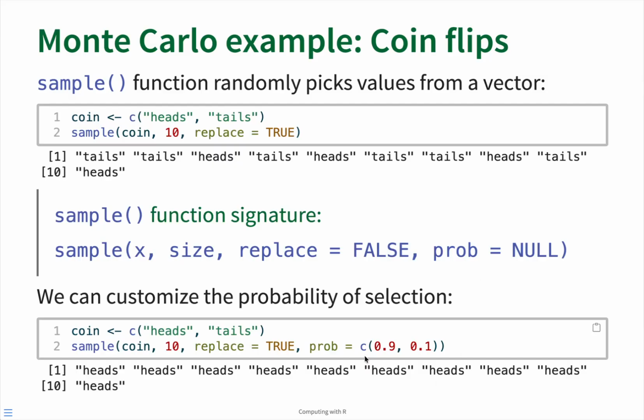So for example, if we wanted a really biased coin, where maybe the probability of heads is 90%, and we get tails the remaining 10% of the time, then we could specify this vector which we pass to the prob argument, where we specify 2 probabilities which will be matched up with the 2 values in the coin vector. And we can see when we then sample again, in this example, we've got heads all 10 times.